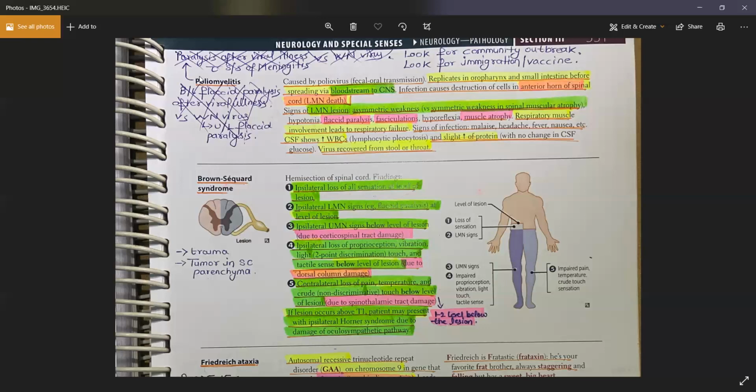Let us suppose it is a case of an immigrant patient, okay, and now he's having all this paralysis and the fever, and the WBC count will be high, protein will be high, glucose normal, and in the locality from where they immigrated, they have this kind of outbreak, like 2 3 children are also involved in that. So what you will say, whether it is West Nile virus or poliomyelitis?